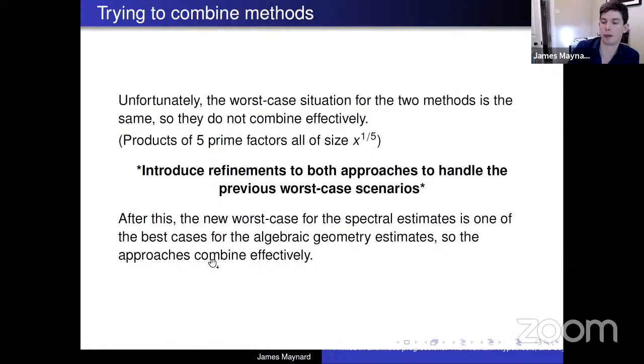But I was able to refine the spectral estimates in this worst case scenario, which meant that suddenly the two approaches combined much more efficiently than they would have done beforehand, because what was the worst case scenario for both I could handle, and then the worst case scenario that was left over from the point of view of the spectral estimates was actually one of the best cases from the point of view of these algebraic geometry estimates.